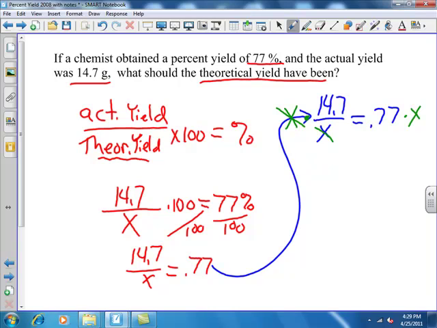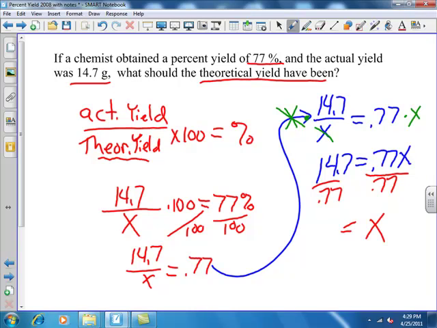That cancels the x out on this side, and that leaves me with 14.7 equals 0.77 times x. Now, I want to divide by 0.77. And that gives me x by itself. And remember, x is our theoretical yield, so that's what I want to find. When you do that, that gets you 19.1. And now you want to put grams back in here because it's a gram value.